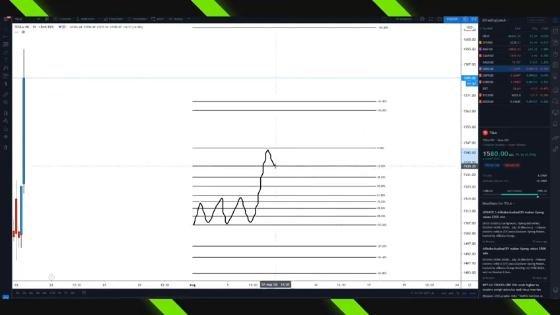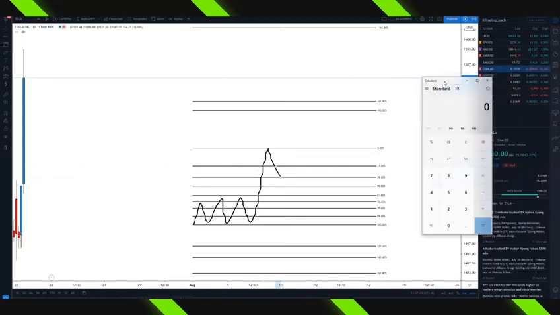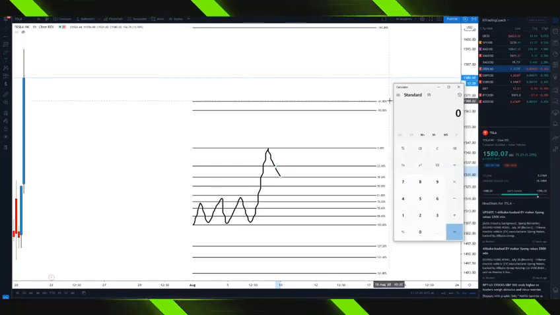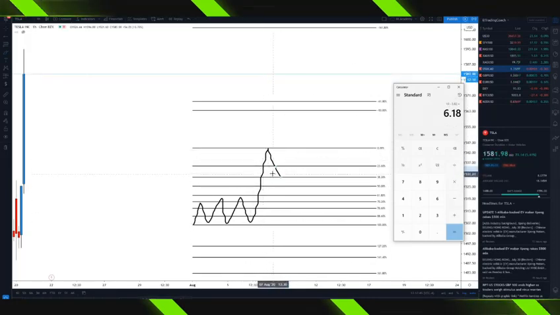If we continued retracing down to the 38.2, we can use our handy dandy calculator tool to understand that the initial $10 price change, if we retraced 38.2% of the way, now the market would only be up $6.18 more than where it began.